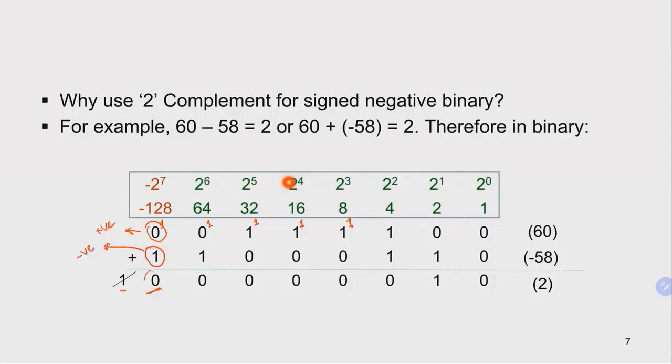Our sum here ends up with a 0, which is a positive value. If we convert that back into decimal, you can see that this 8-bit signed binary number is equivalent to 2. So this tallies with what we understand about addition: 60 add to minus 58 gives us 2. And this is how we can achieve subtraction in digital logic circuits.